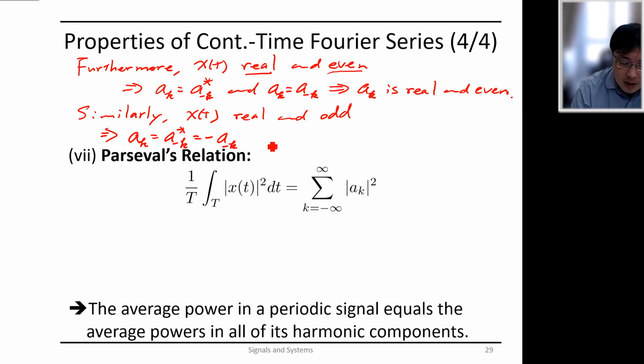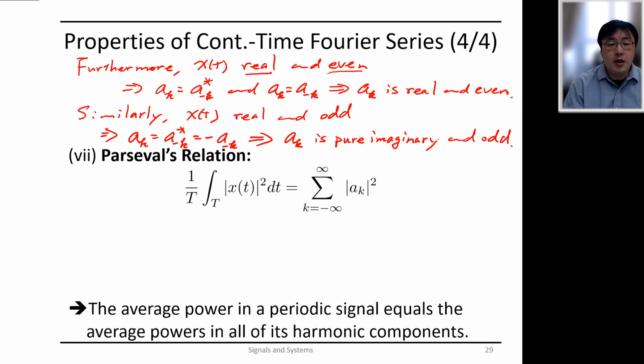So if the complex conjugate of ak is equal to minus itself, then this must mean that ak is pure imaginary. And if it is odd, the Fourier series coefficient will be odd as well.